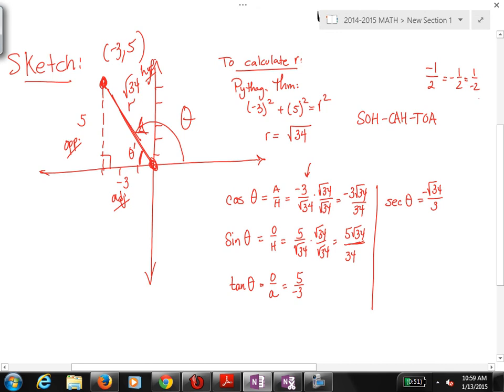The only thing that you cannot do is put the negative on both the numerator and denominator. Cosecant of theta is what? Hypotenuse over opposite, which here is going to be square root of 34 over 5. And then cotangent, find the inverse, so it's going to be -3/5.